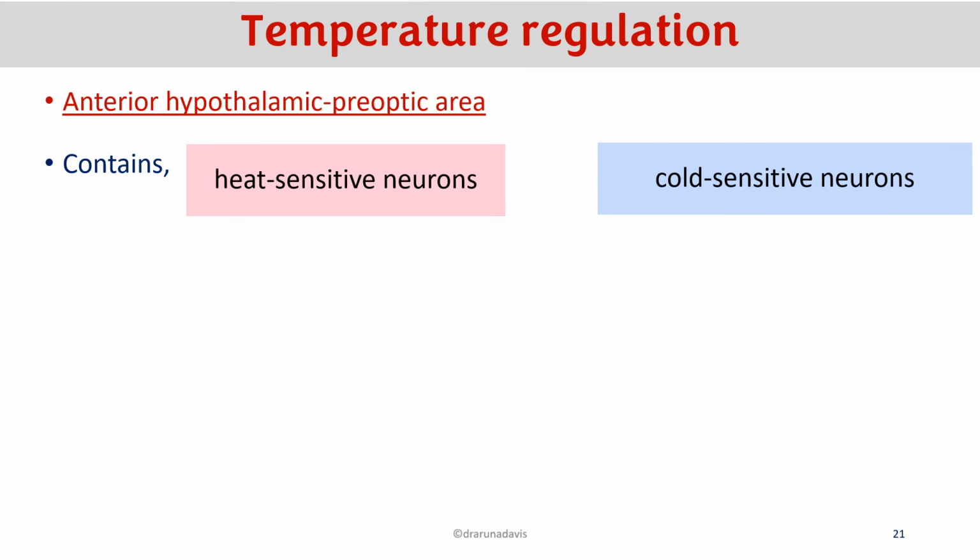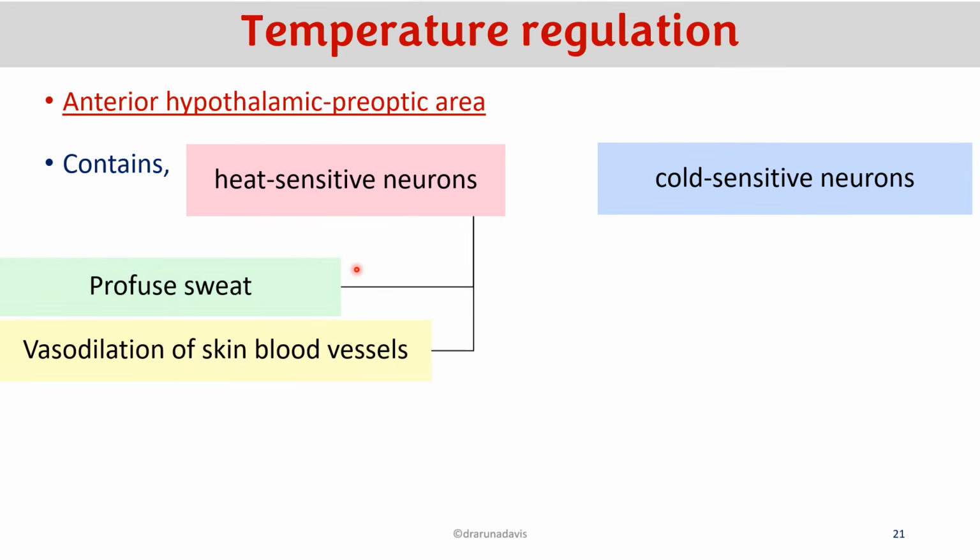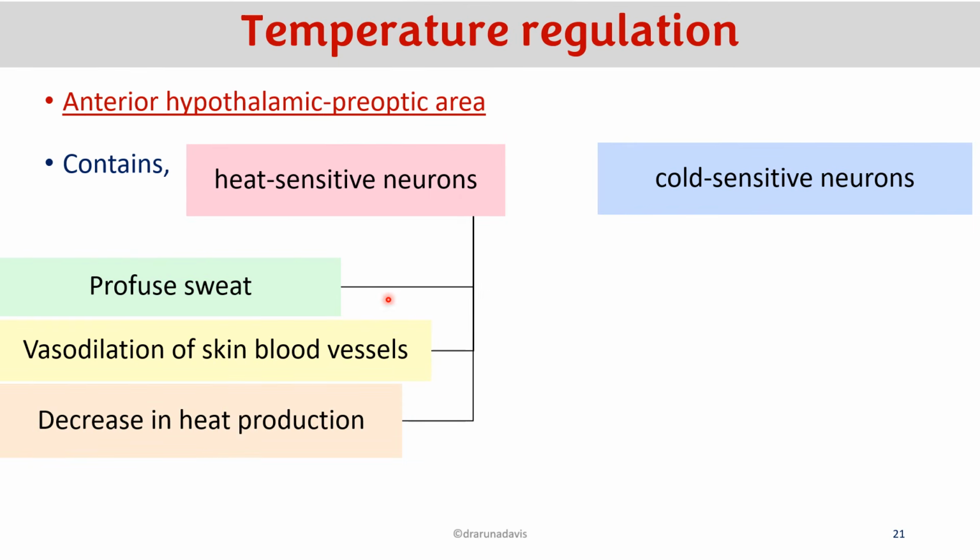The heat sensitive neurons will be stimulated, and they produce profuse sweating, vasodilation of the blood vessels, as well as a decrease in heat production. These mechanisms help bring the body temperature back to normal, right?